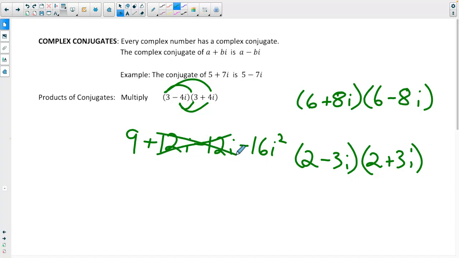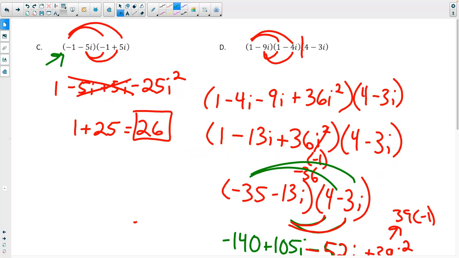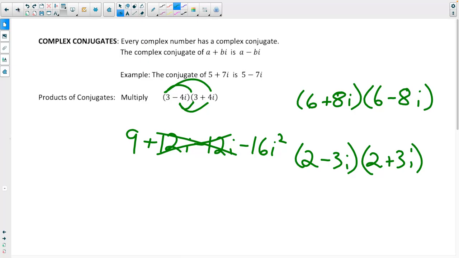Now, the last one, or the conjugate, we had negative 25i squared. This time, we have negative 16i squared. What happens with the negative number when you have an i squared attached to it? It becomes a positive. So this is negative 16 times negative 1, or positive 16. So I get 9 plus 16, which gives me 25.